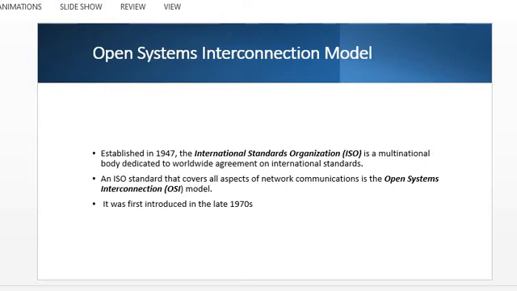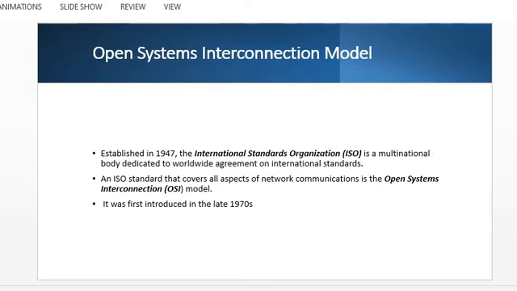So the purpose of the OSI model is to show or facilitate communication between different systems without requiring change that is in logic or in hardware architecture or in software.